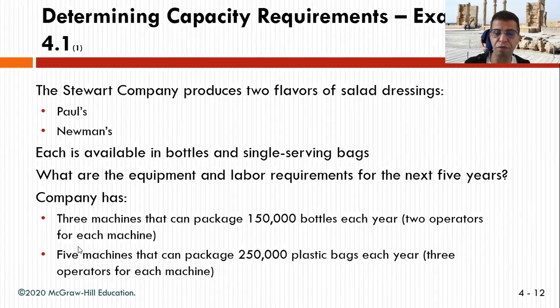Because we have 5 here and need 3 operators for each machine, that means 15 people at full capacity, and we can produce 250,000 plastic bags. In the bottle case, we need 2 people per machine, and because we have 3 machines, we need 6 people, and we will end up producing 150,000 packages per year. So already we know our capacity.